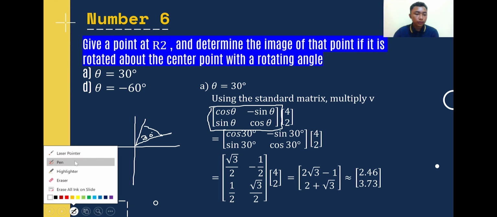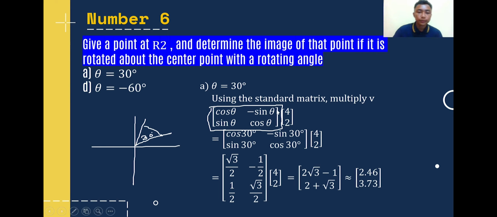So we will use this formula, and the result will be like this: cos 13 degrees, minus sin 13 degrees, sin 13 degrees, cos 13 degrees, multiplied by 2.